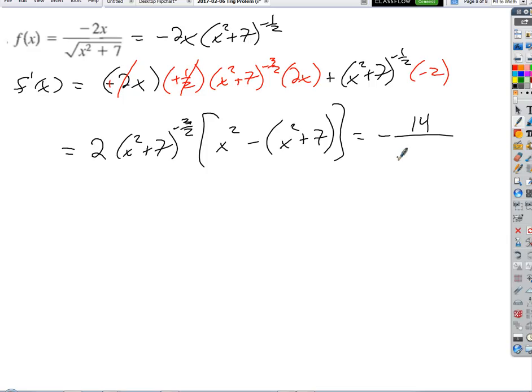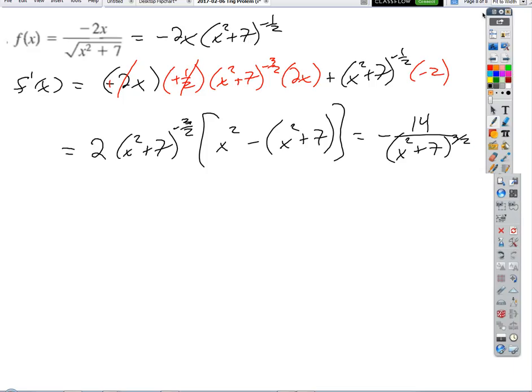And on the bottom, we're just going to get x squared plus 7 to the 3/2. So do we have any first derivative critical numbers? No, we do not. Okay, so now we're on to the second derivative.